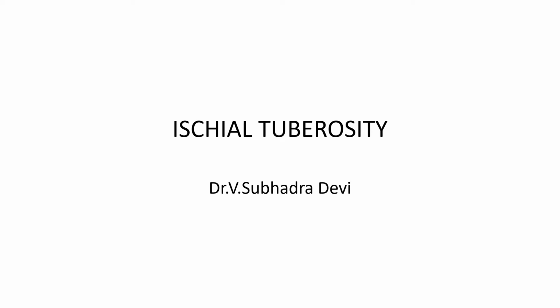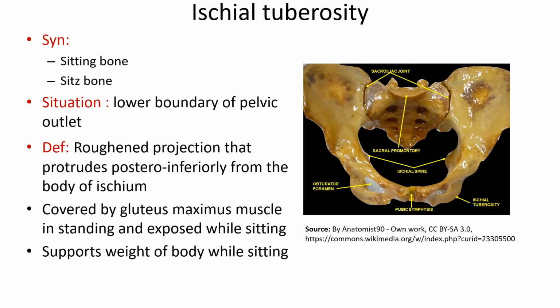In relation with the body of the ischium, you will find the ischial tuberosity. In this picture, you are seeing the articulated hip bone, which is called the bony pelvis. So this is the ilium, this is the ischium, and the pubis of the hip bone.